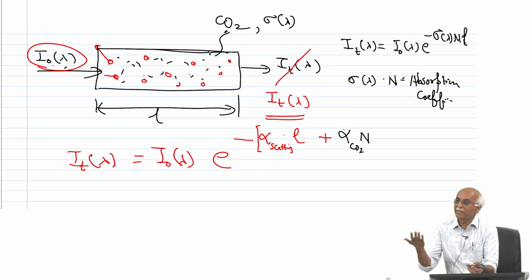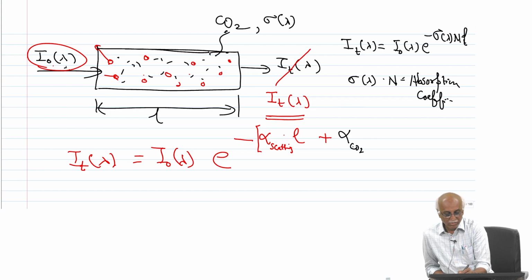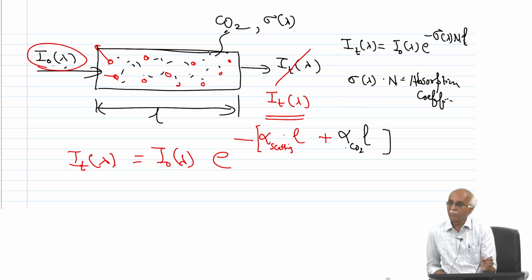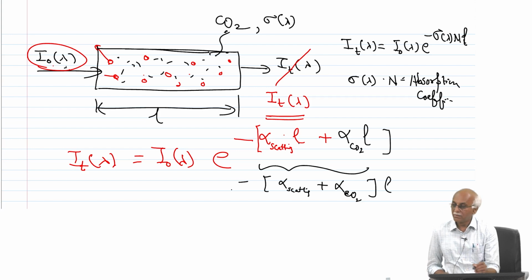Sorry, alpha contains N. So, there is no need of this constant. So, this into L, correct, same L. If I take out L as common factor, what will happen? This can be represented by alpha scattering plus alpha absorption due to CO2 molecules, into L, correct.